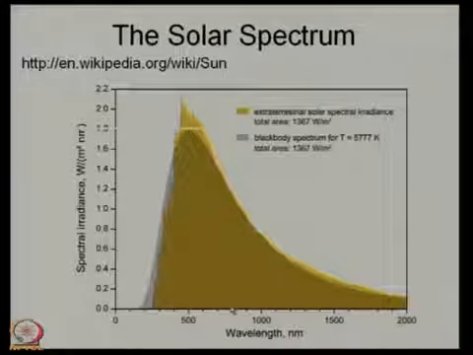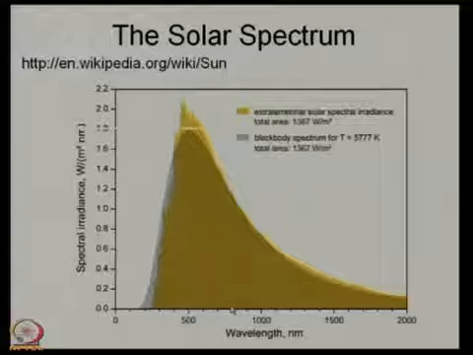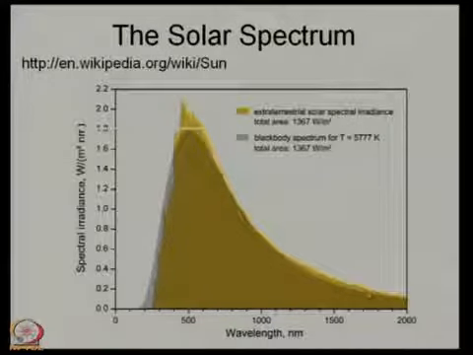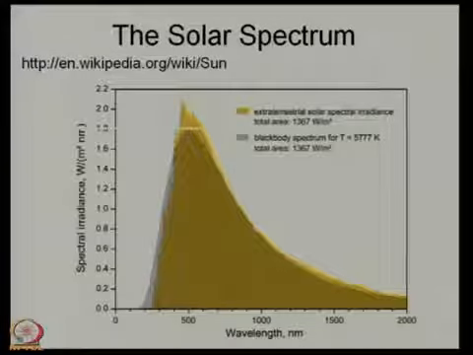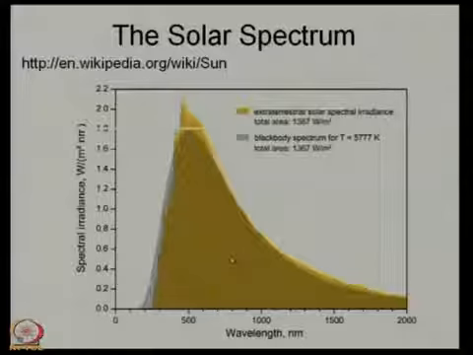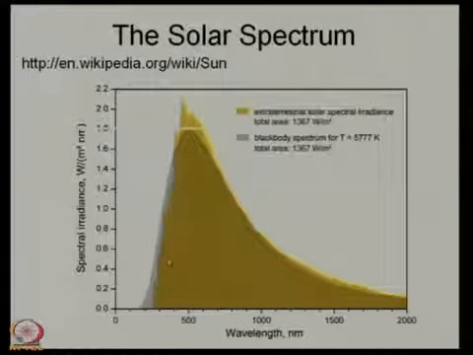There are a few interesting things that one should note here. The first thing is that the spectrum of the radiation from the sun peaks in the visible part of the spectrum. So, the bulk of the radiation from the sun comes in the visible part of the electromagnetic spectrum.